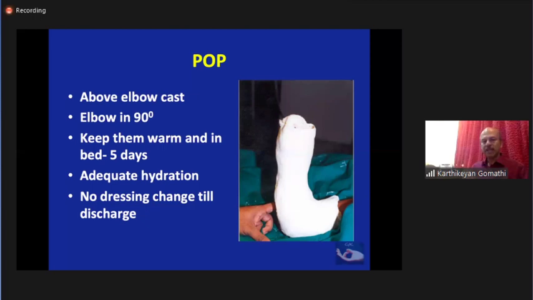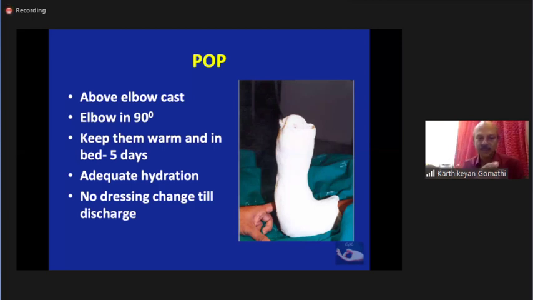Now, should we give a POP slab or should we give a cast? The problem with a POP slab is that sometimes it is not very effective, in the sense that what we want is absolute hand elevation. We use an above-elbow cast even if it is a finger replant. We keep the hand in a comfortable position after applying a nice bulky dressing.